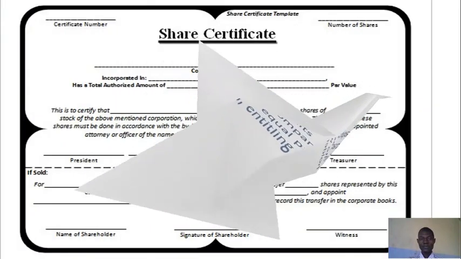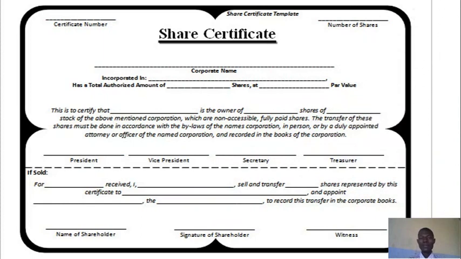Quite interesting. We have a sample of share certificate. I used ABC. If you bought the shares of ABC Limited, this is sample shares. The corporate name will be there, the certificate number will be there, the number of shares, if it is 5,000 units, 10,000 units, it will also be stated.